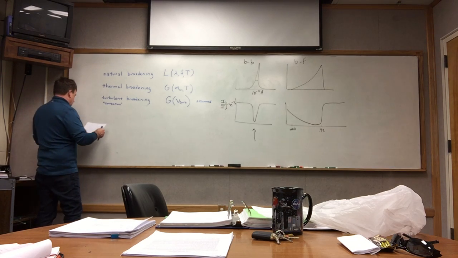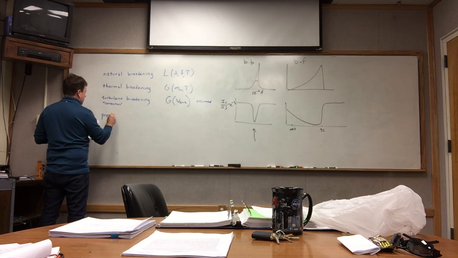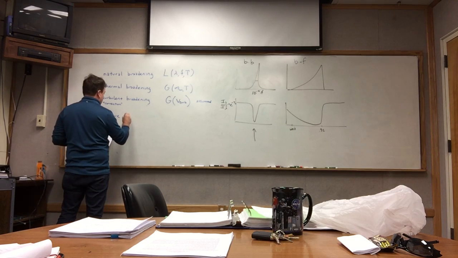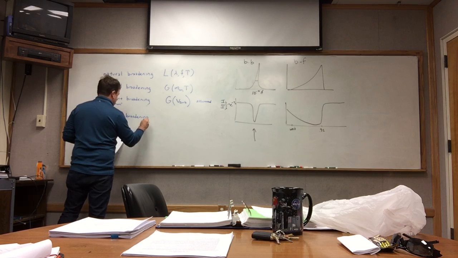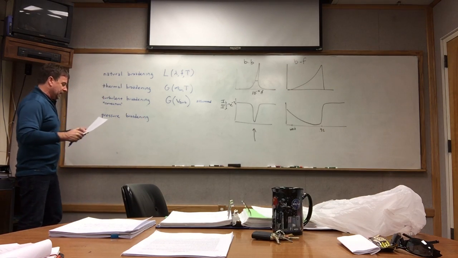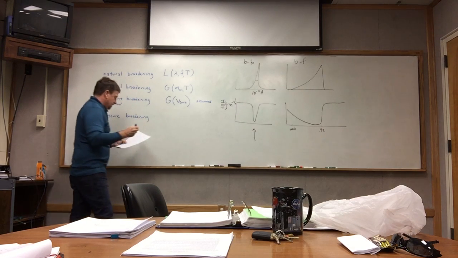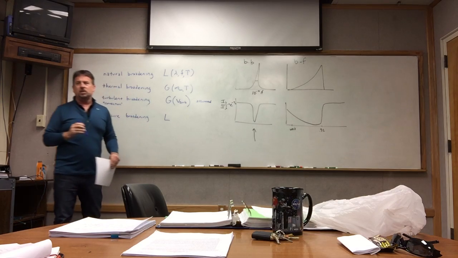All right. And finally, last but not least, important for stars but not for the IGM or the ISM, is pressure broadening. All right. And this is actually extremely complex. This turns out also to give you a Lorentzian, believe it or not.